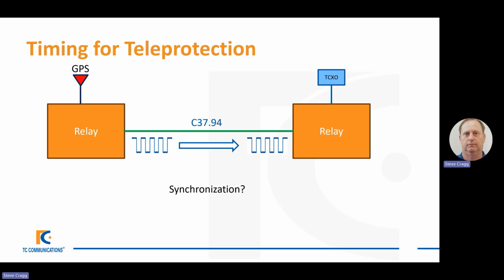However, because one of them has actually got a very tight control of a frequency, it can actually provide a very accurate clocking of the C37.94, and you can actually use that to synchronize the real-time clock in the unit on the right.